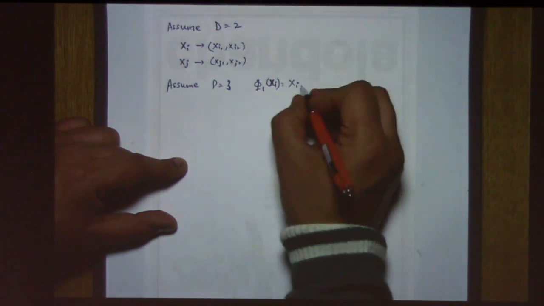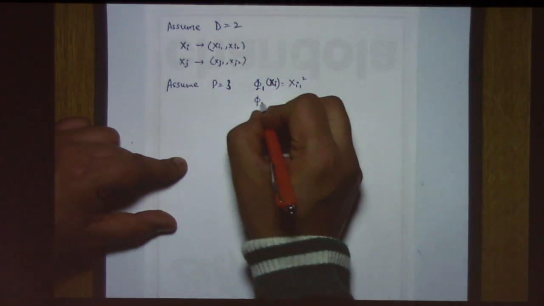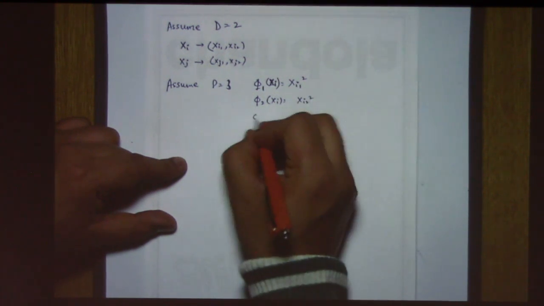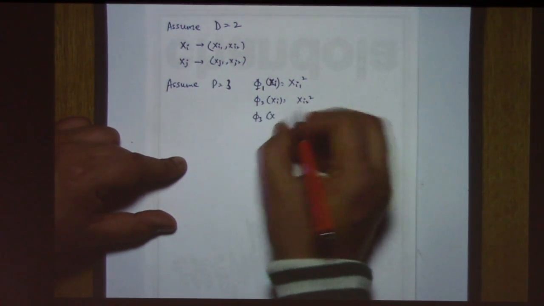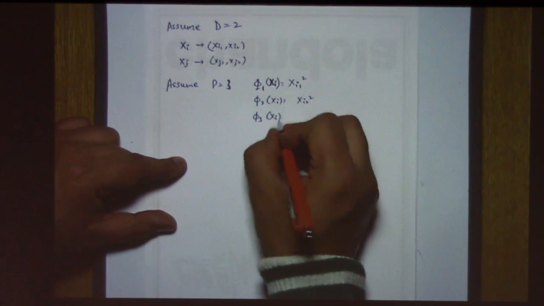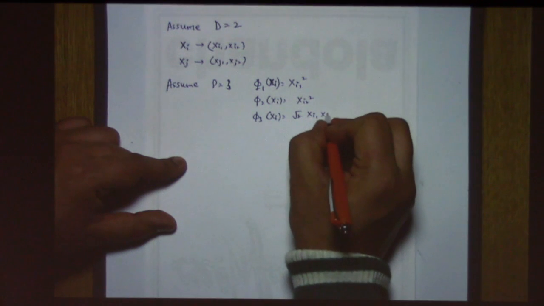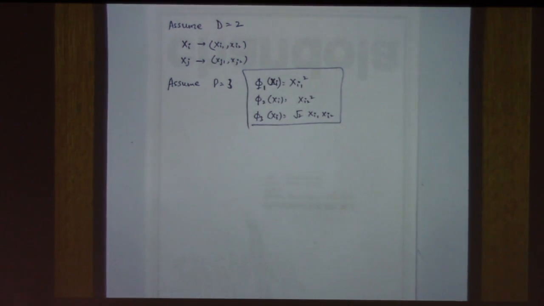So phi of 1 is xi1 square, phi of 2 is xi2 square, and phi of 3 is root 2 xi1 xi2. This is what we have come up with just out of my head, and we can do anything like that.